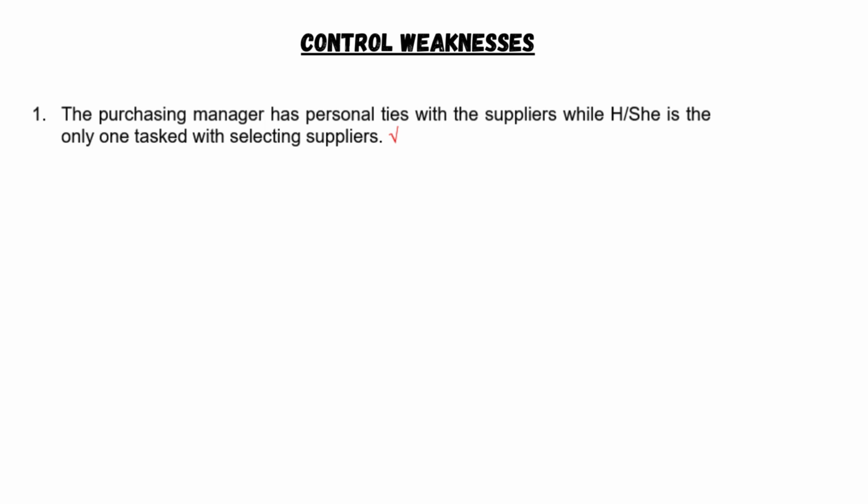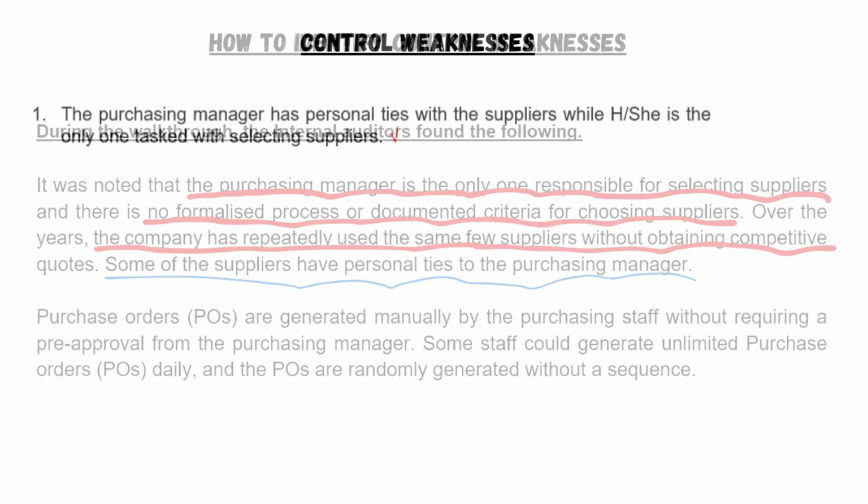The weakness there is that the purchasing manager is the only one tasked with selecting suppliers, while also having personal ties with the suppliers. So that's the weakness you can identify, meaning that if it is not closed or fixed, there are things that could go wrong within the organization, which we're going to look at at a later stage.